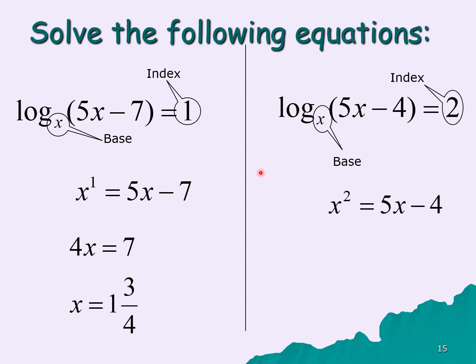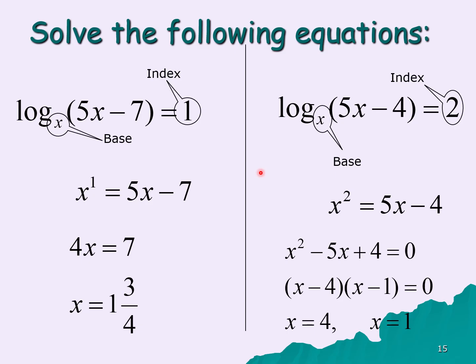Now, you notice over here in this case, I actually get a quadratic equation. So with these quadratic equations, I simply factorize them. All right, and when I solve, I will be able to get the answers x equals 4 and x equals 1. Now, I will need to highlight something to you. Over here, I cannot just simply accept both answers.